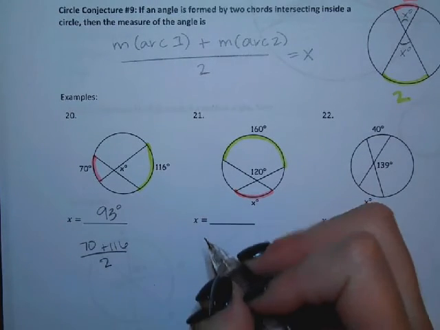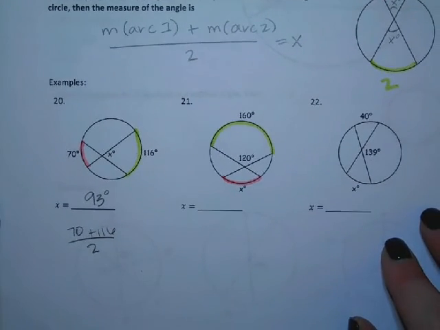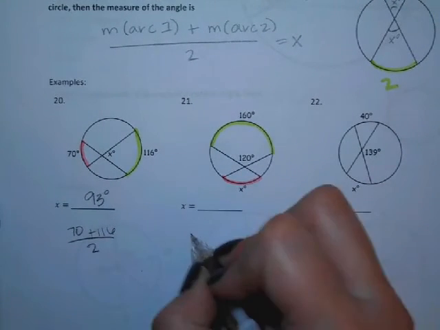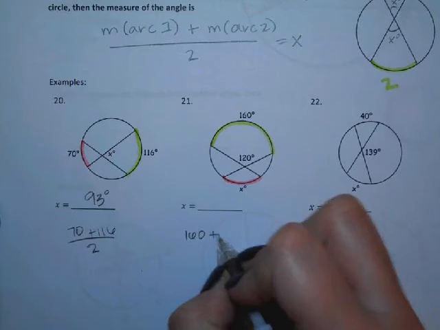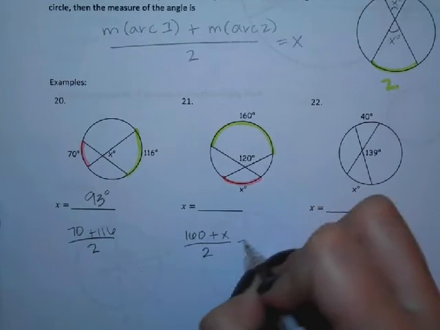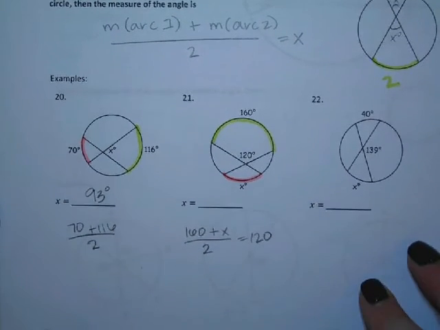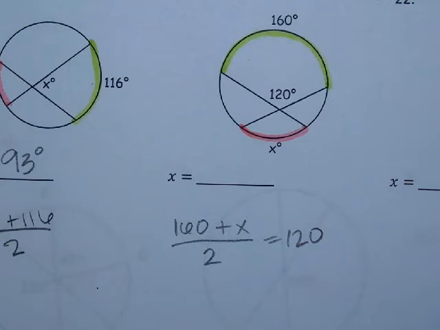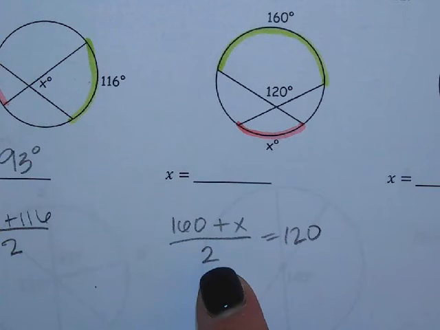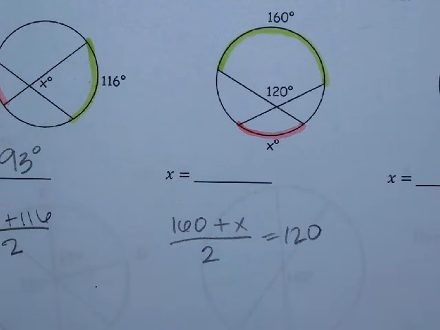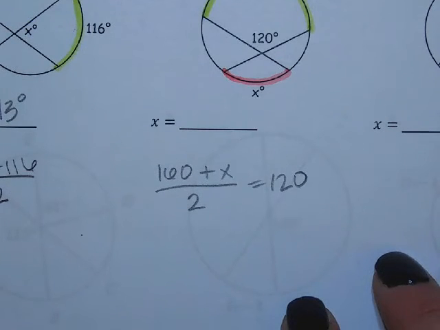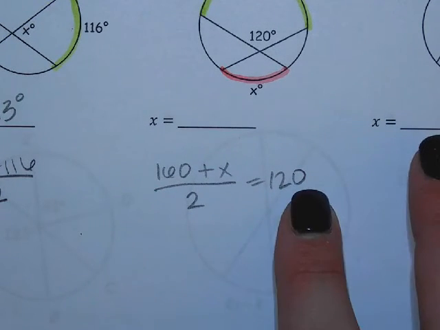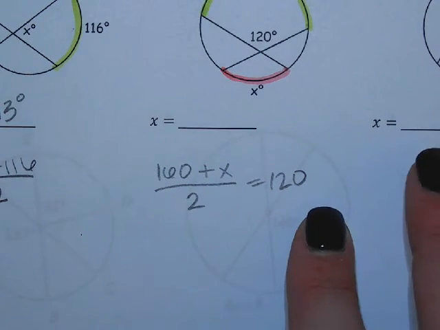So what should I write for this one? This one's a little more complicated. 160 plus x divided by 2 is 120. This one requires a little bit of work to solve because our x is in a different spot. What should I do first? Multiply the 2. I could multiply the 2 to the other side. That would be a little easier.